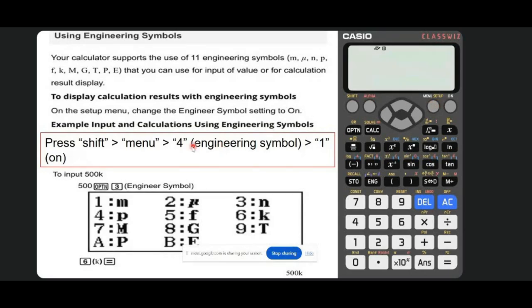You need to press number 4, engineering symbol. You press 4 engineering symbol and then you need to on it. So you need to press 1 to on it. When you on this engineering symbol, you will be able to get something that involves the engineer symbol.